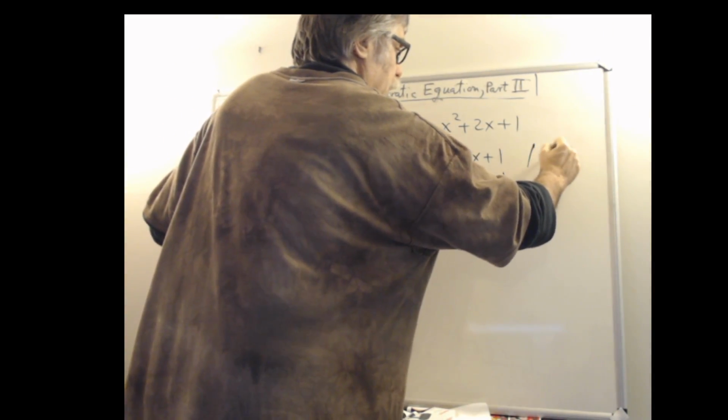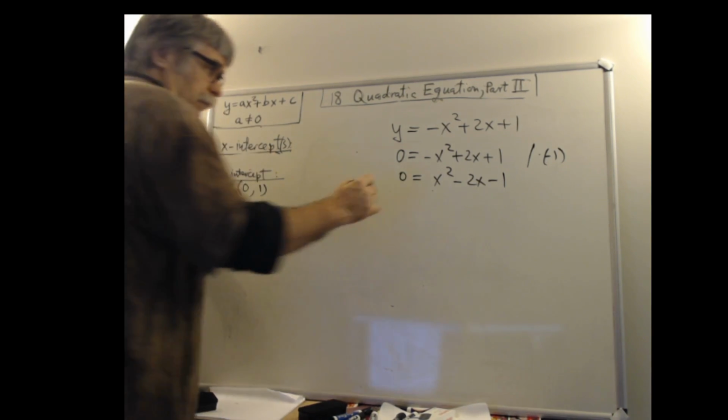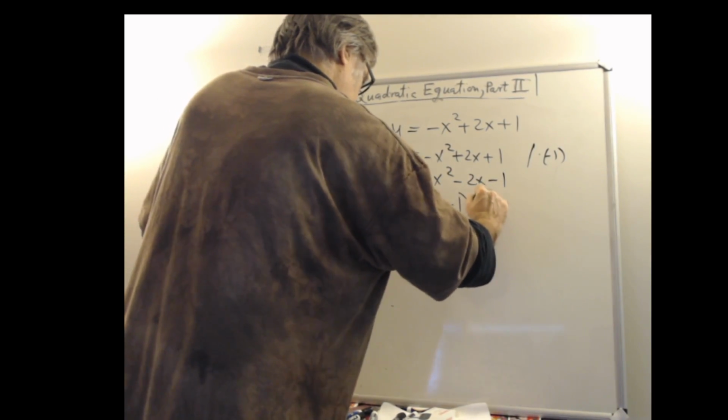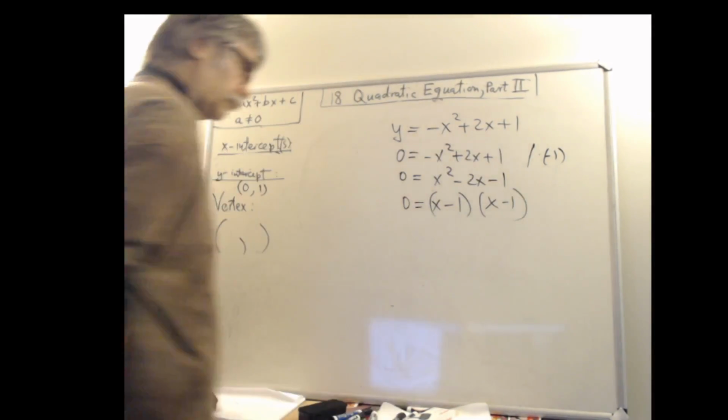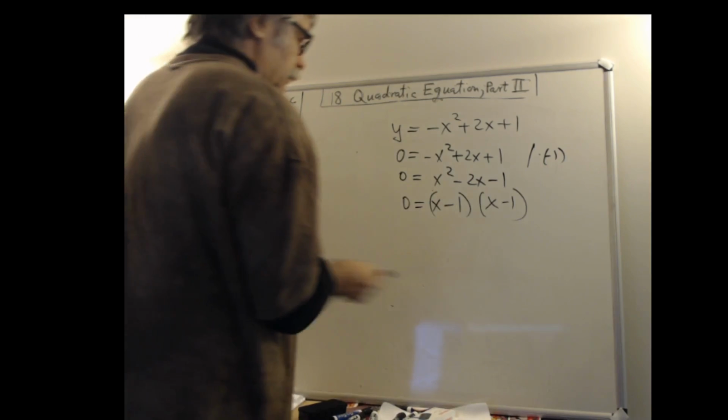I multiply everything by negative 1, just to have an x squared to start with. Now you have the factorization. You have x minus 1, x minus 1. Oh, one of them must be positive, excuse me.